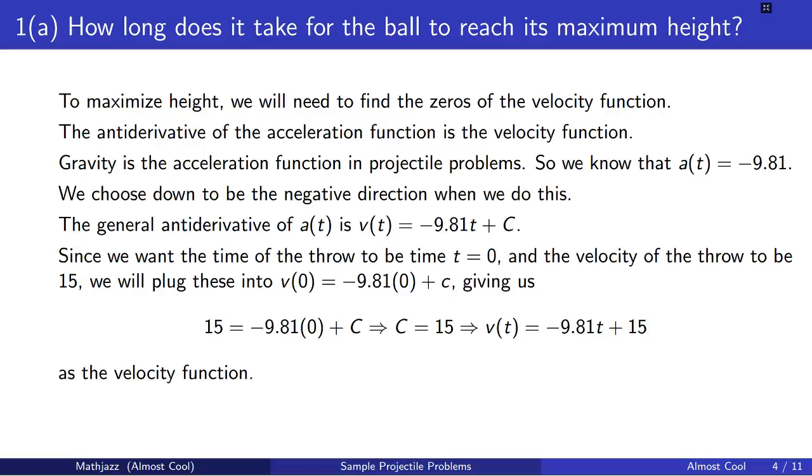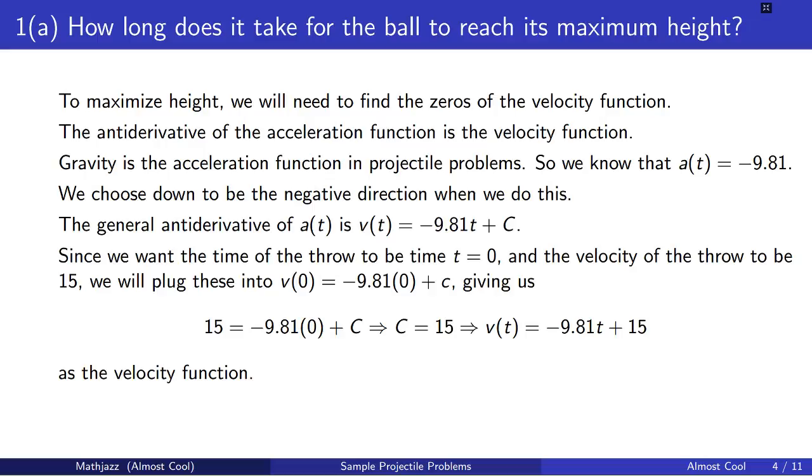Again, these are the choices we're making: the throw is at time 0, which means that the velocity at time 0 must be 15, because we were told at the beginning of the problem that the velocity was upward at 15 meters per second. So we choose positive 15 to be the value of v at time t equals 0.